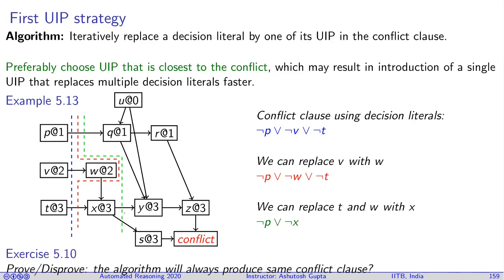One important observation to understand this first UIP strategy is that it always produces smaller clauses compared to the initial clause, because each time you take a node and move your cut forward, you replace it by the unique implication point, and since it's a unique implication point, it guarantees that the cut either reduces or remains the same.